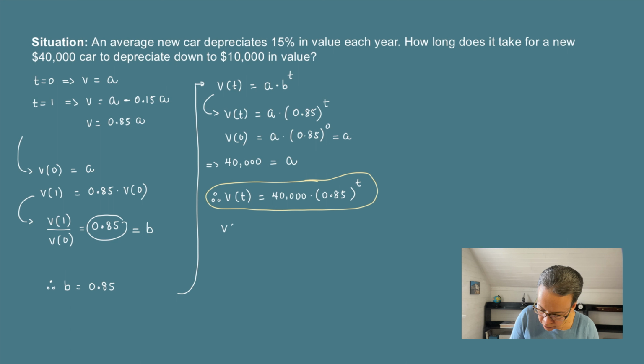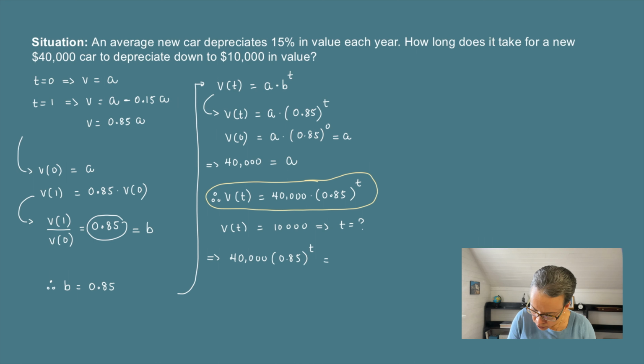So if V of t is equal to $10,000, then the question is, what is t? We're solving for t. So we're going to do just that. We're going to take the function and set it equal to $10,000, and we'll try to find t. So that means 40,000 times 0.85 to the t equals 10,000.